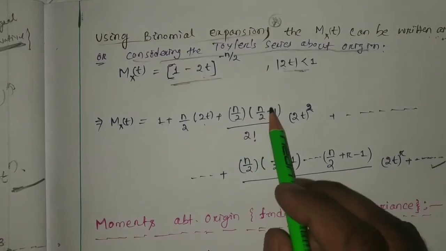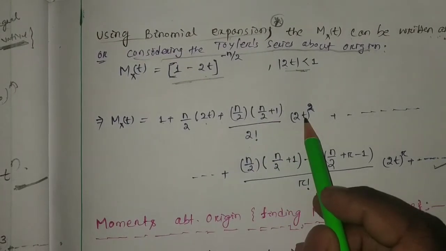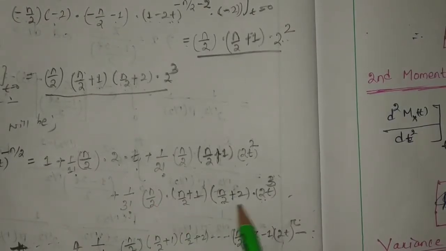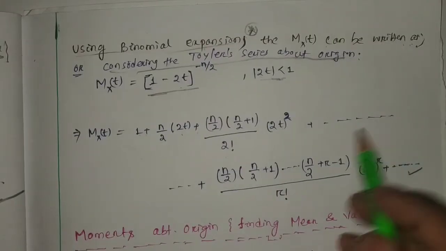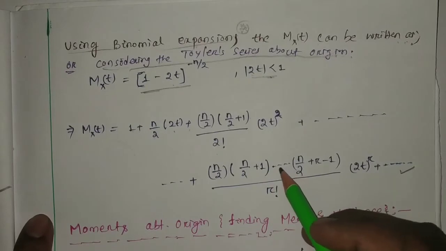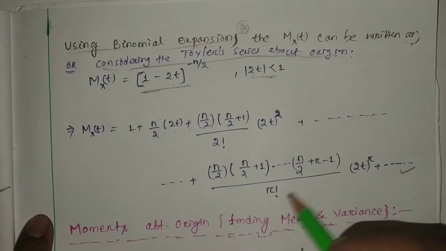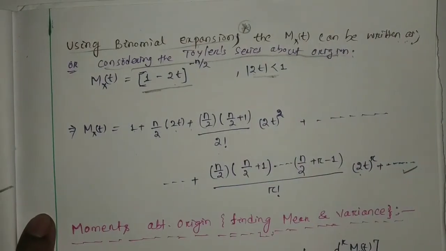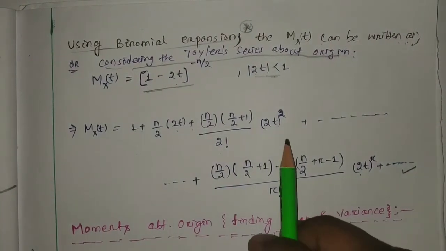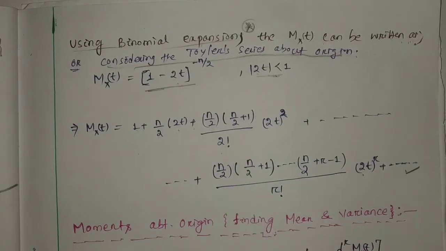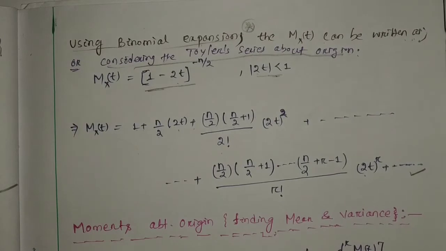This will be 1 by 3 factorial n by 2, this one, a third term here I have not written, directly I wrote the rth term, n by 2, n by 2 plus 1, and so on, n by 2 plus r minus 1 by r factorial into 2t to the power r, and so on. So this is our expansion format of the moment generating function of chi-square distribution about origin.